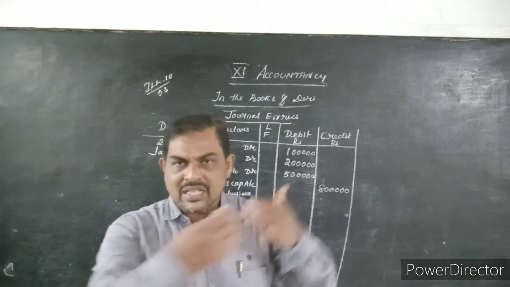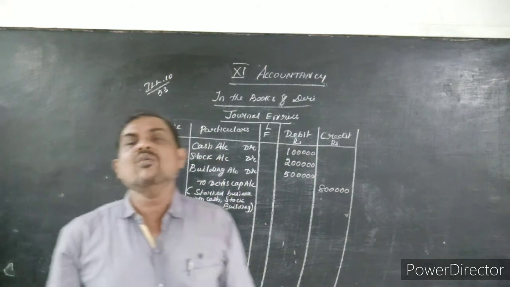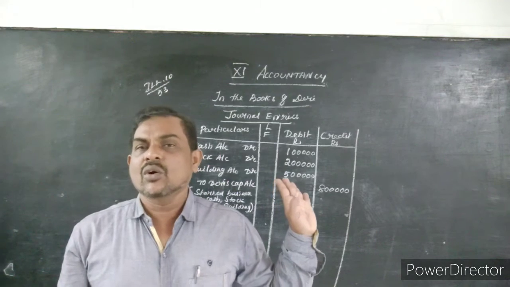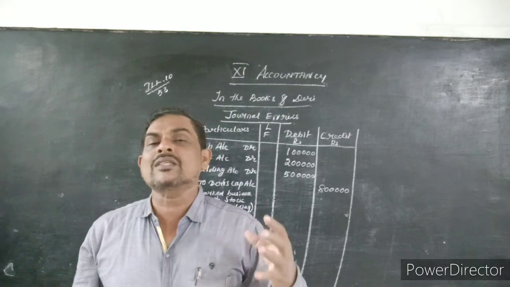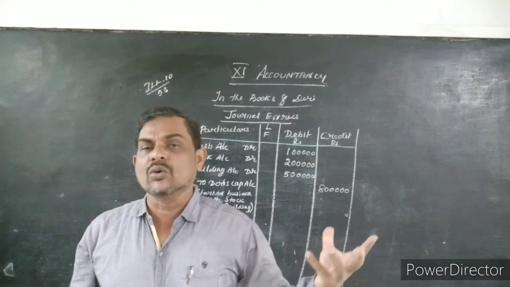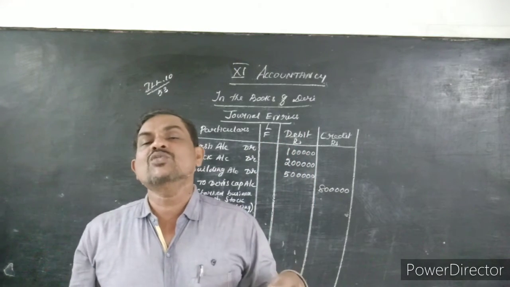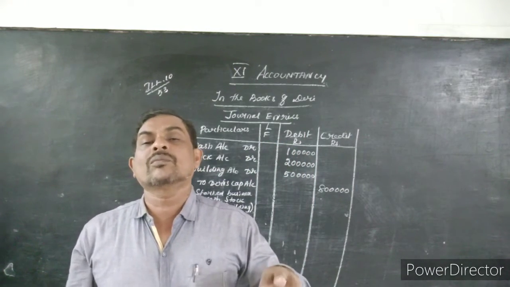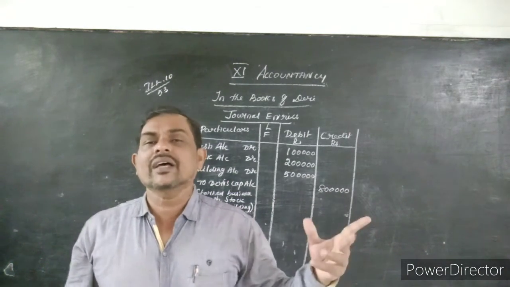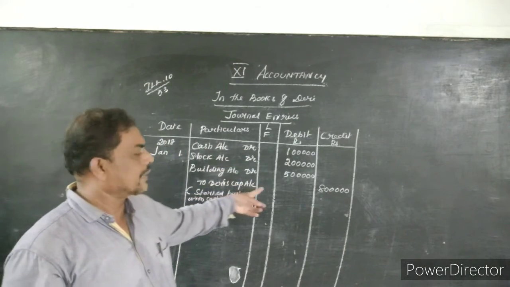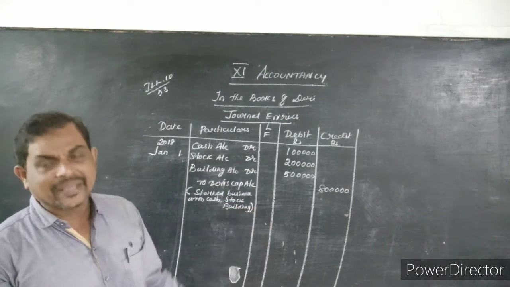All these come inside the business, that is why I debited all three. Now Derry only contributed all these, so as per the personal account rule, credit the giver. Who gives this? Derry's capital. He gave all this in the name of capital, so that is why capital will be credited.